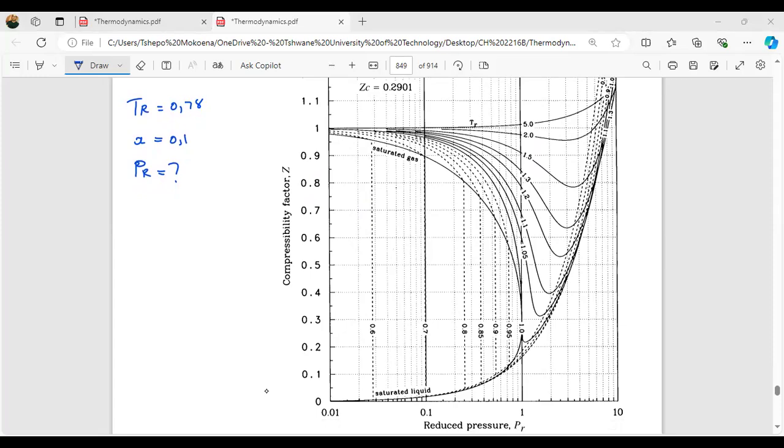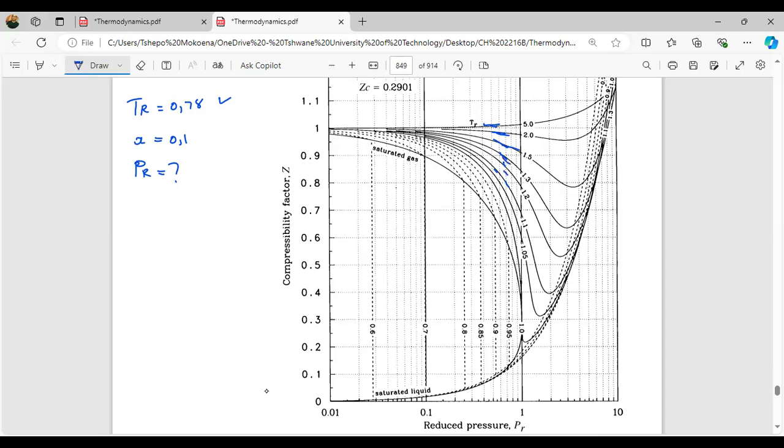Now we have these lines over here, and these lines represent T reduced. When you look at these lines, they start at 5, then move to 2, 1.5, 1.3, 1.2.